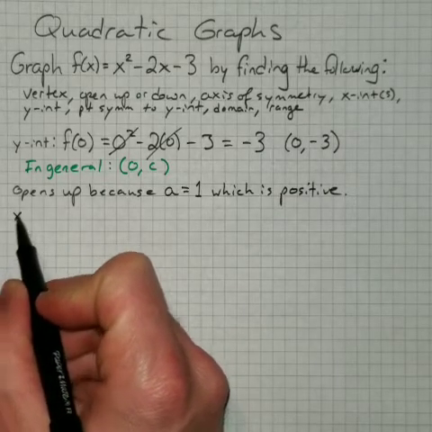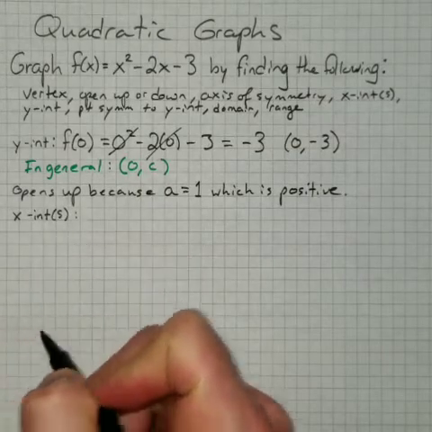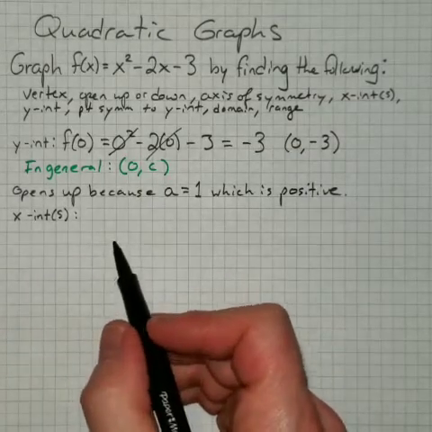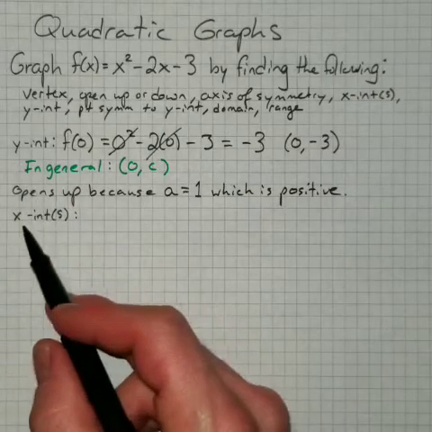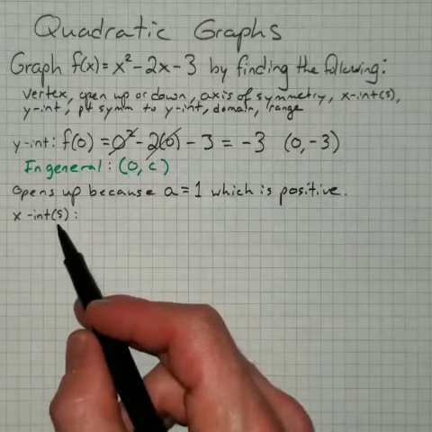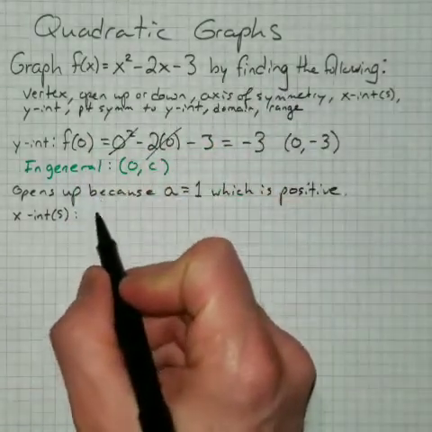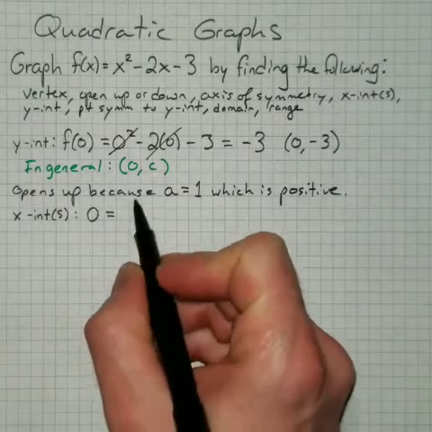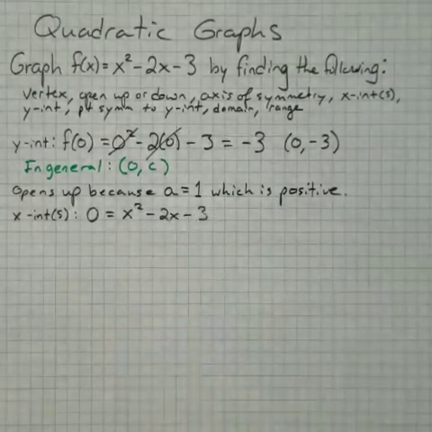Okay, so for the x-intercept, or intercepts, depends on how many we have. And this is true in any type of function, just like for the y-intercept. The x-intercept is found by simply plugging a 0 in for the y value, or the output. So we use 0 equals x squared minus 2x minus 3.